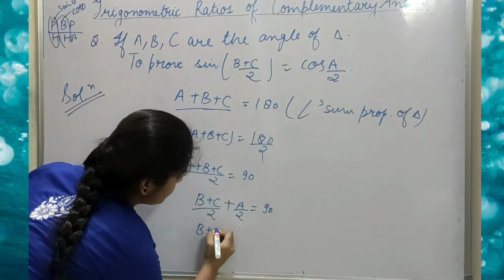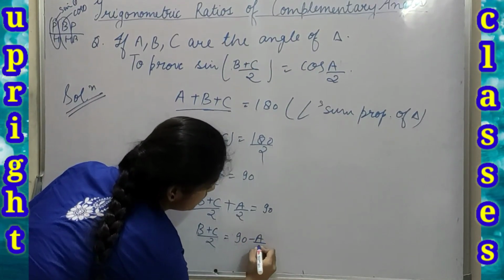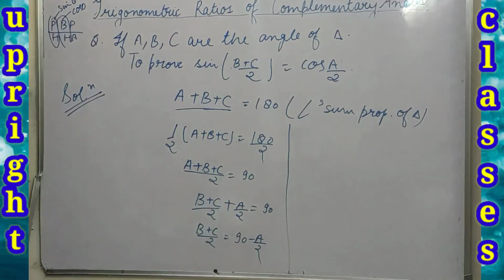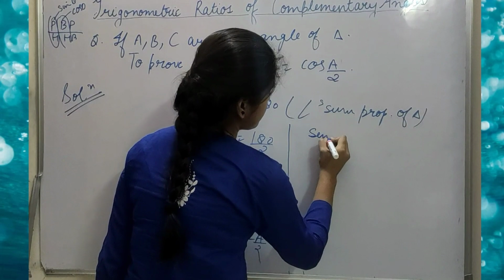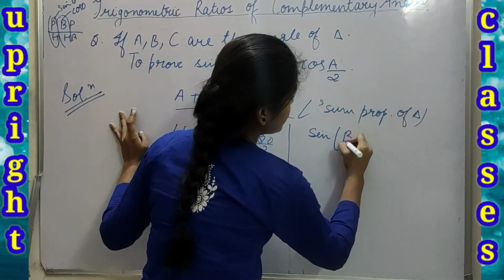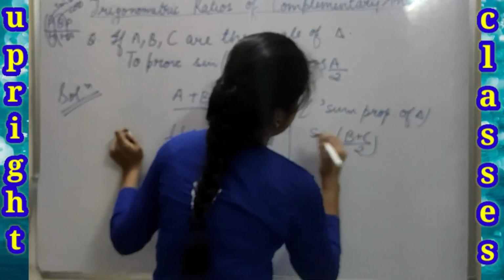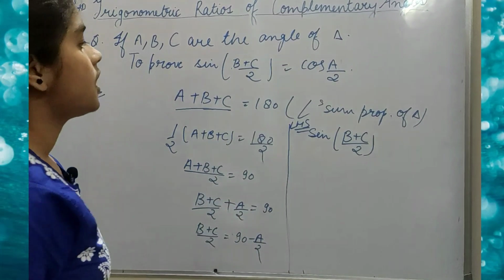You can write it as B plus C upon 2 is equal to 90 minus A by 2. Okay, so from this, on taking the LHS of this question, sin of (B plus C) upon 2.